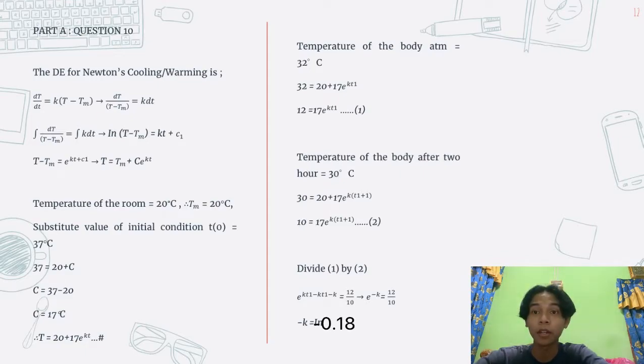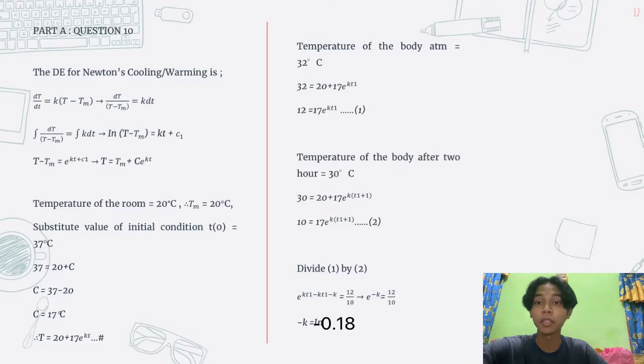After that, we substitute the temperature of the body after 2 hours, which is 30 degrees Celsius. After substituting, we get 10 equals 17e to the power of k times (t1 plus 1). After that, we can divide the first equation by the second equation, so we will get the value of k, which is k equals negative 0.18.